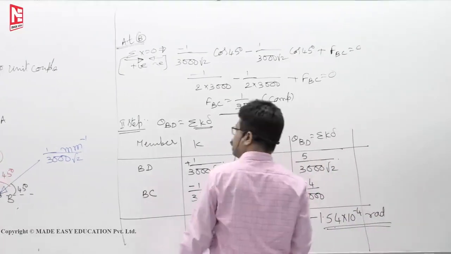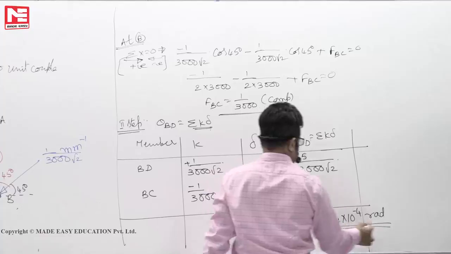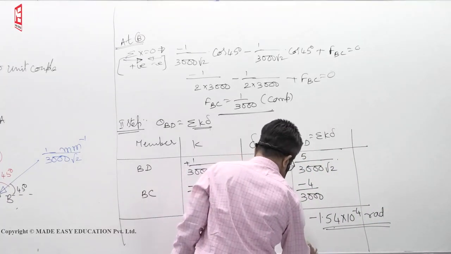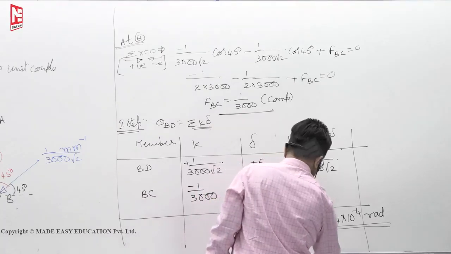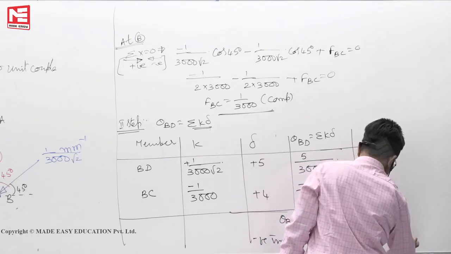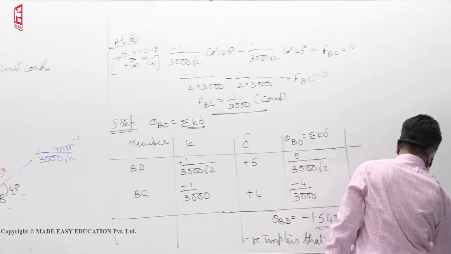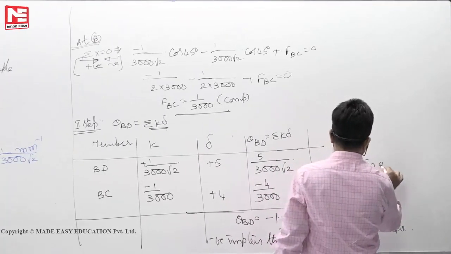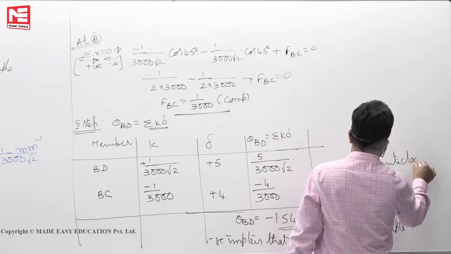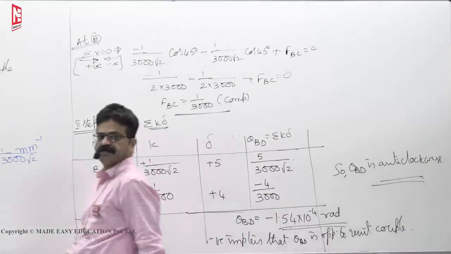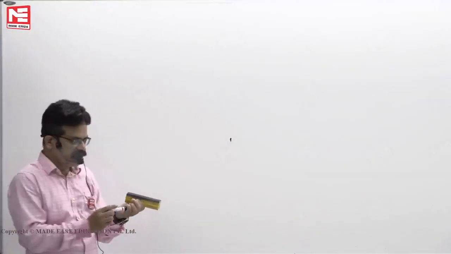Now you have assumed clockwise here also, so negative implies that theta BD is opposite to the unit couple. So theta BD is anti-clockwise. Now we'll see one or two examples on the lack of fit.